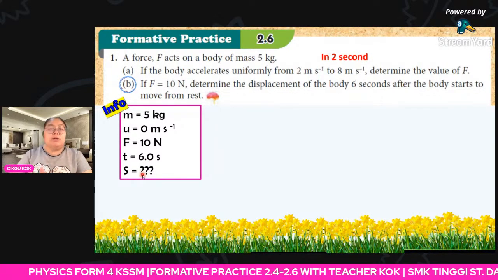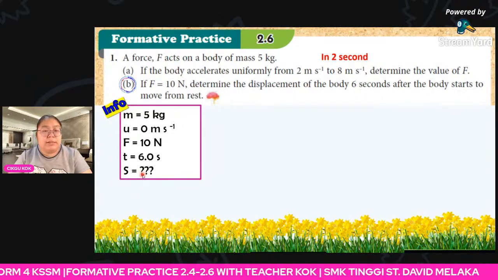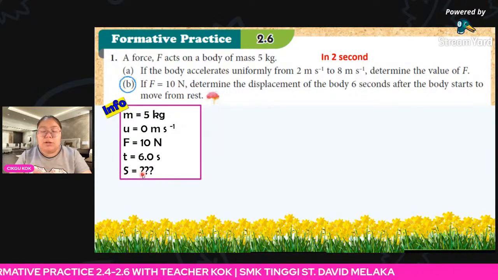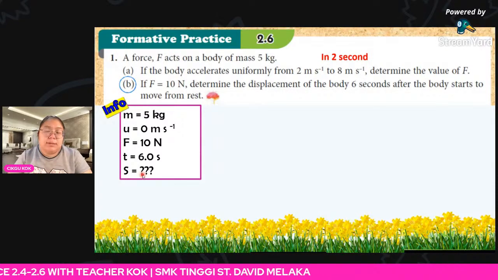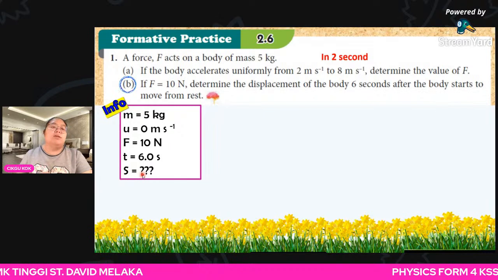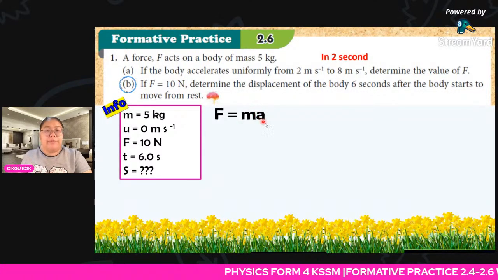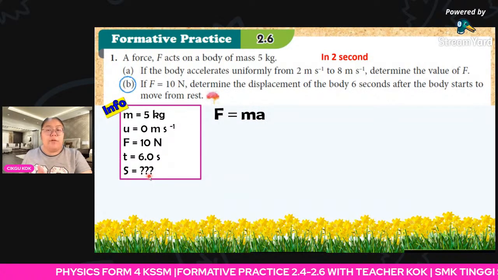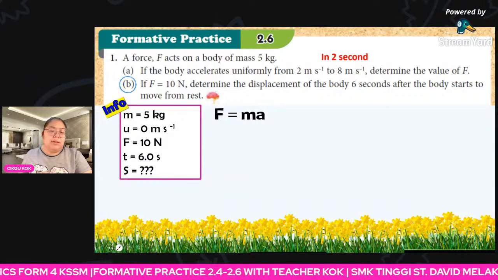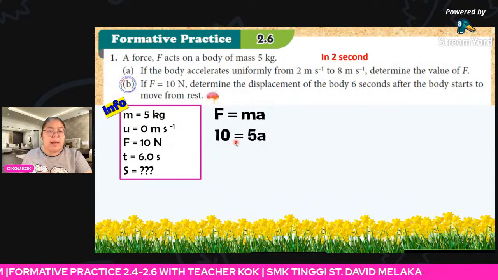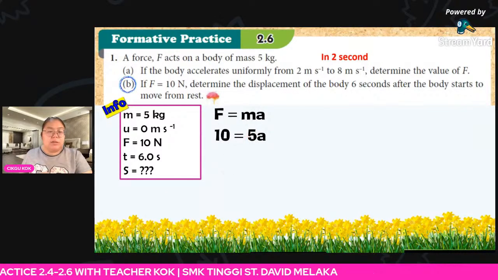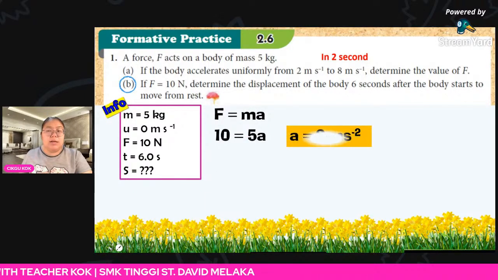To apply the 4 equations, you must have at least three physical quantities. So we can find the A because they give you the force. We apply the formula F equals ma first. We put 10, then 5, so we get acceleration is 2.